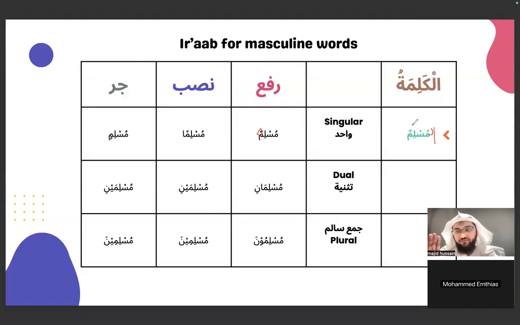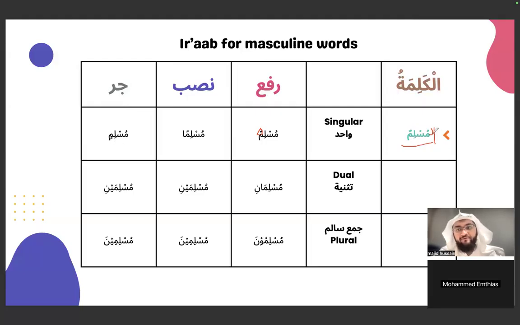If there is no alif lam added to the word, then the word can have two fatha, two kasra, and two dhamma. Since the original word did not have alif lam, I have given two dhammatain in the state of rafa, two fatha in the state of nasab, and two kasra in the state of jar.